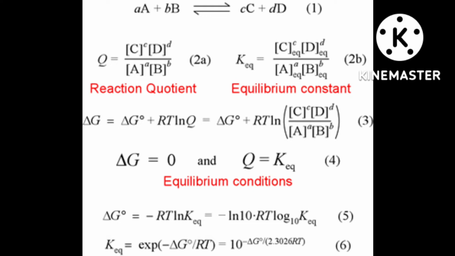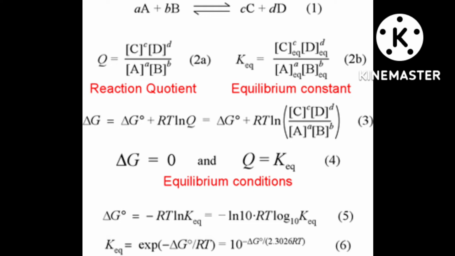If you put this zero superscript above G, it is called standard G. If you write zero at the top of S, it is standard entropy, standard G, standard H. Just a small zero, a small circle you can put on top. That is called a standard.